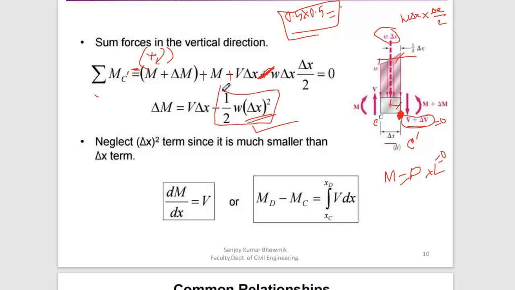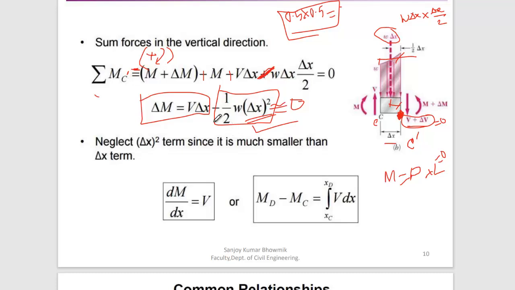That's why we ignore this term. We consider this tends to 0.